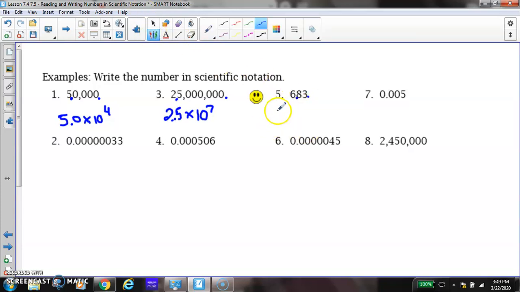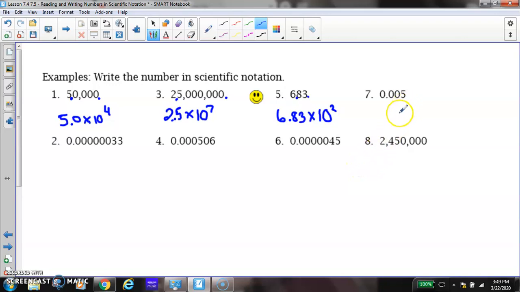So to write the final answer, 6.83, we have to include the 3, because if I were to punch this into my calculator, I'm going to get the same result back. So 6.83 times 10, since I have a large number, I'm going to have a positive exponent, and I moved it 1, 2 places. So 6.83 times 10 to the second.